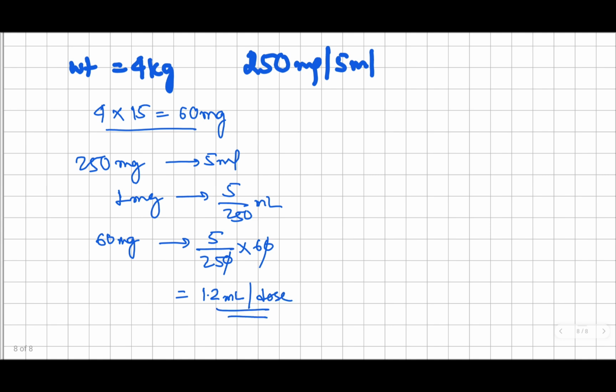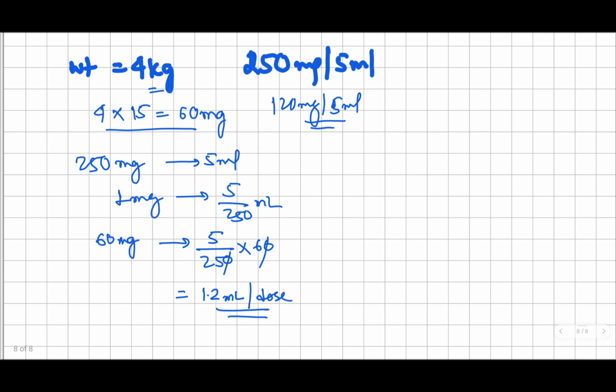So usually for 60 mg or a 4 kg baby we are going to use the strength of 120 mg per 5 ml. Fine. I have just used this 4 kg just to show you how to calculate. So first thing you have to know how much per dose you have to give, and then next thing you have to know is how much is the strength.